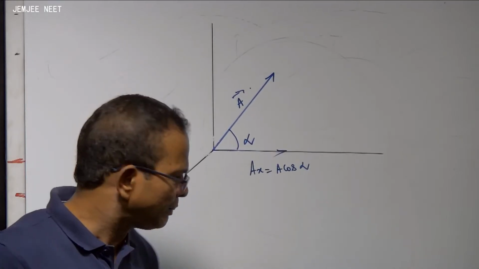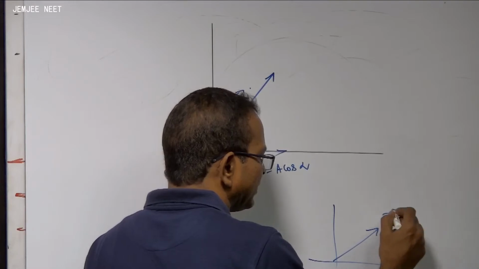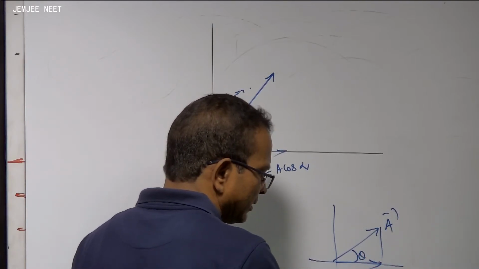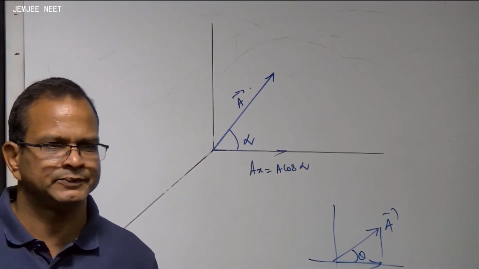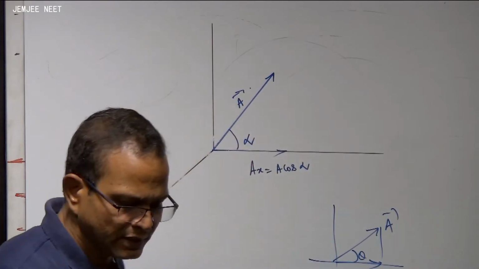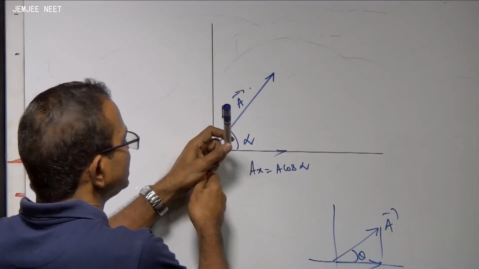Earlier, for vector A making angle theta with the x axis, the component was A cos theta. Now alpha replaces theta, that's the only difference. Understand the point? Now the same vector, look at my pen, this is my vector.